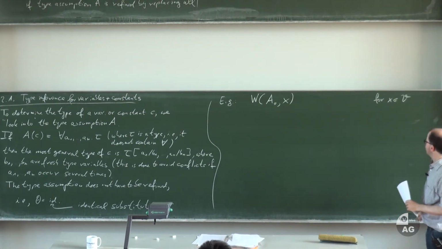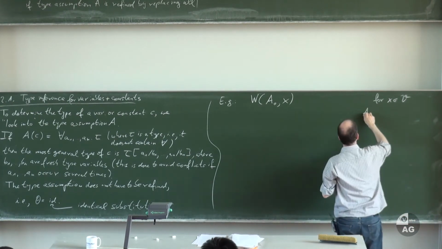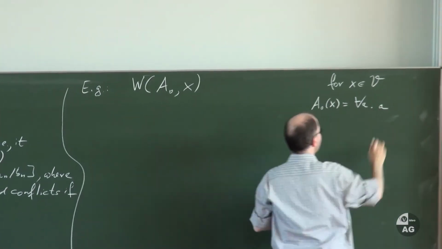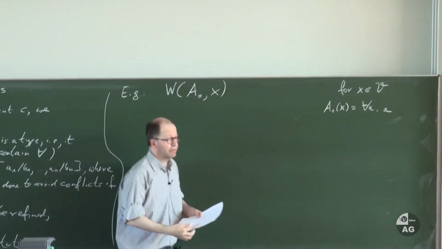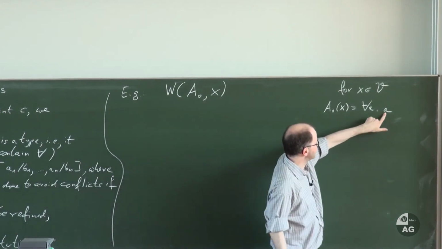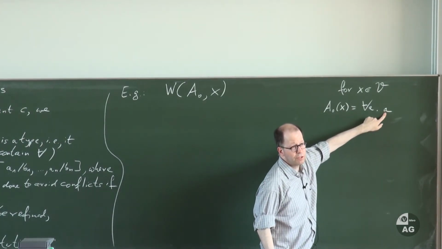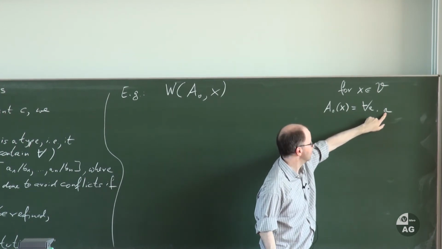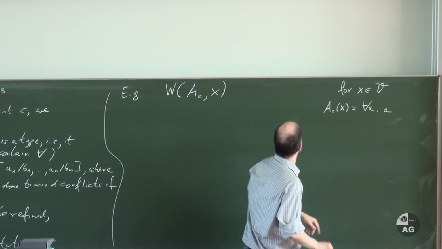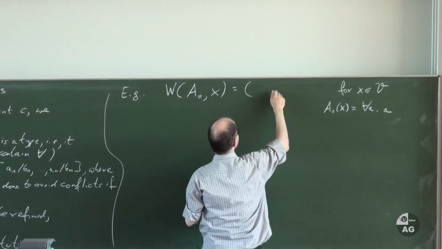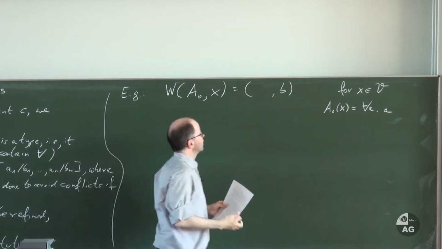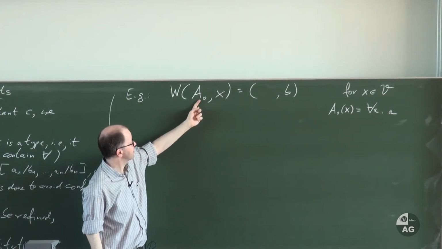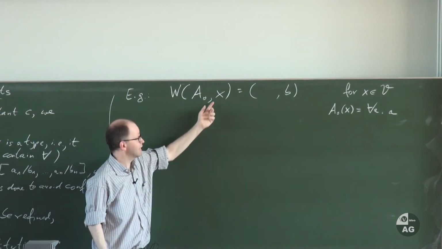Well, we know that A0 of X is the following type schema: for all A dot A. So what we have to return is this type here, this A, but all universally quantified variables are replaced by fresh variables, for example, by B. So replace all occurring A's by B's, and so we get B as the most general type of X. And we don't have to refine this type assumption in any way because X is already well-typed.